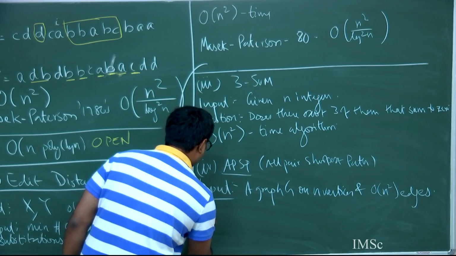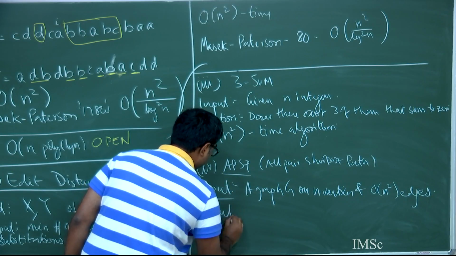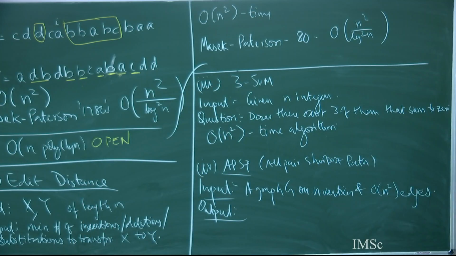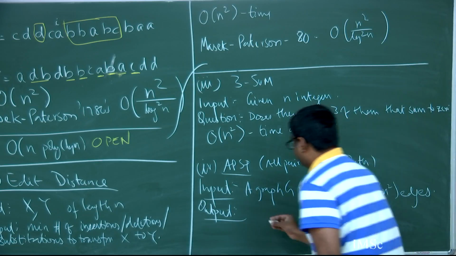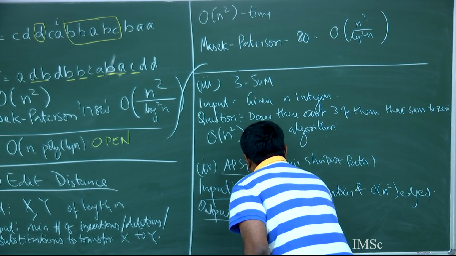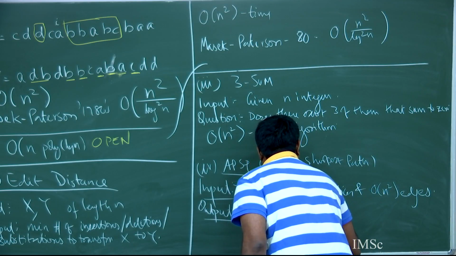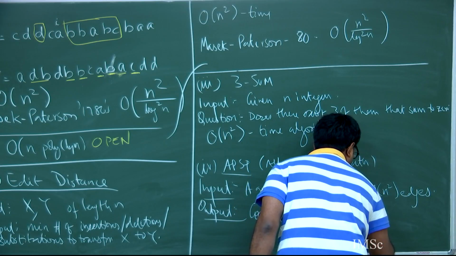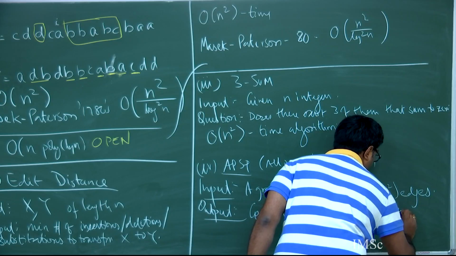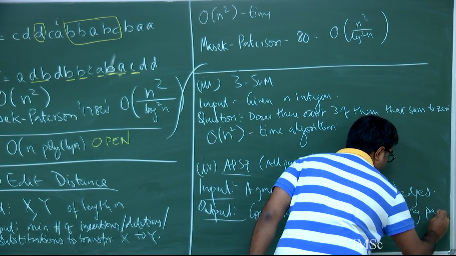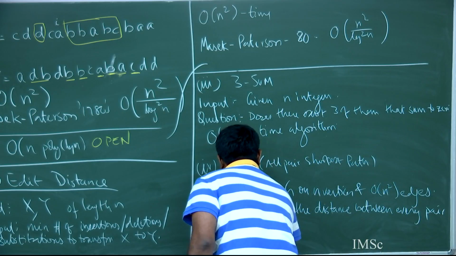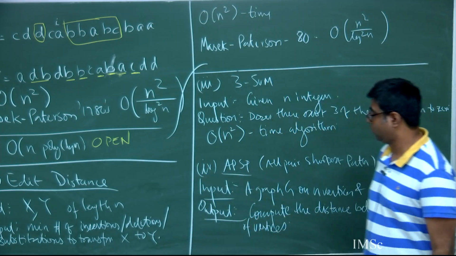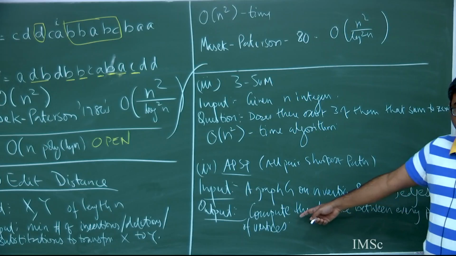And what do you need to output? A matrix, or compute the distance between every pair of vertices.